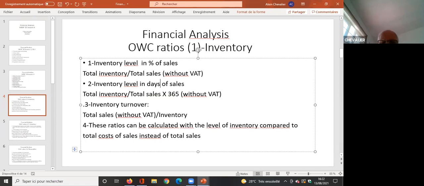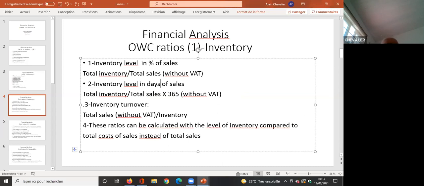So, remember, we calculate the ratio of the total inventory. Total inventory means taking into account the raw material, all the intermediate products, and the final products, divided either by the total sales level or total cost of sales. You have different references, of course.